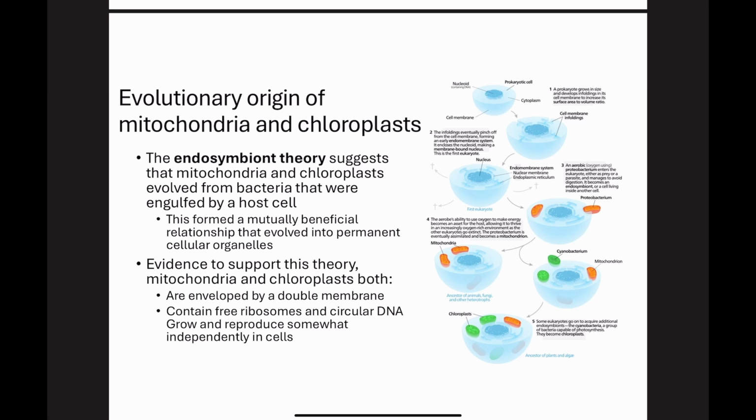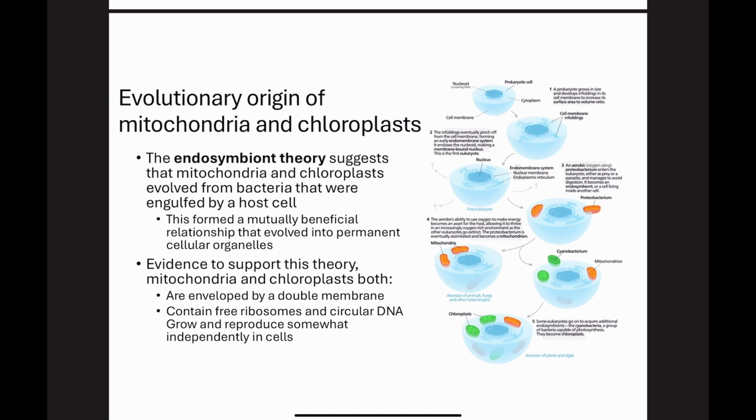So the idea is that an early eukaryotic ancestor engulfed an oxygen-using, non-photosynthetic prokaryote, which eventually became an endosymbiont. And an endosymbiont is a cell that is living within another cell.